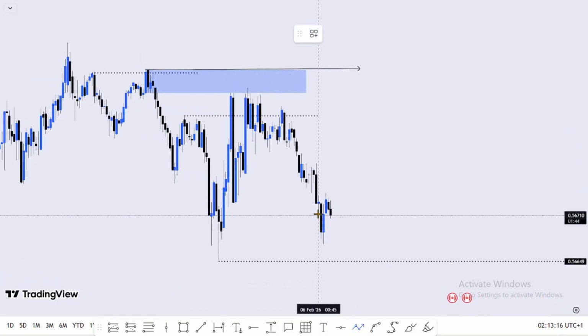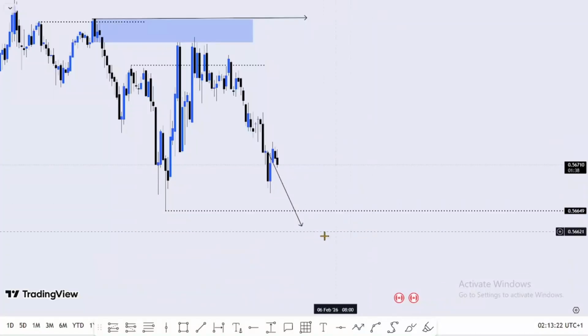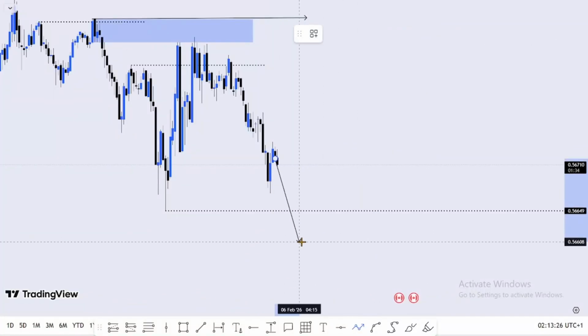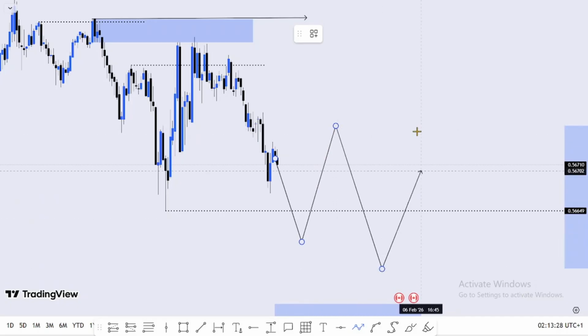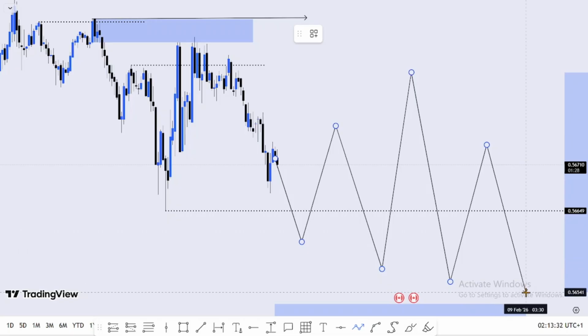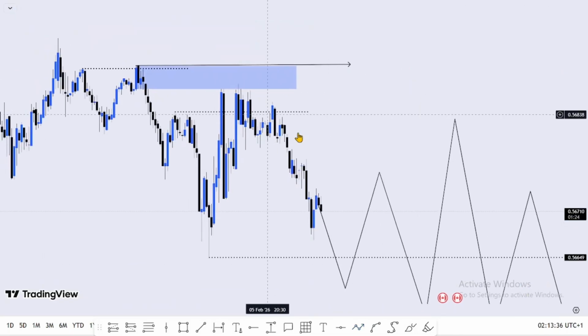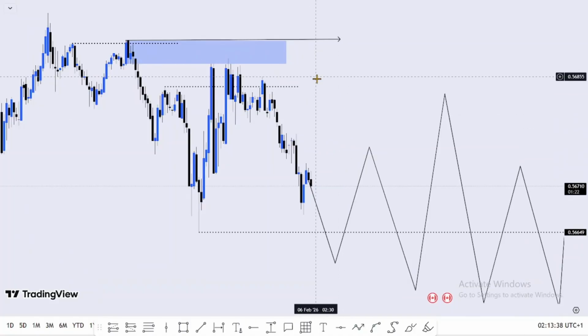And when price takes out this transactional liquidity, I'm expecting price to come back up, maybe form something like this, take this thing out and continue and just keep on doing our price action. So this is what I'm expecting. And this is the catalyst to this trade, right? That's the reason why we took this trade.